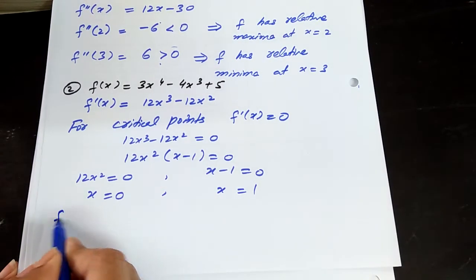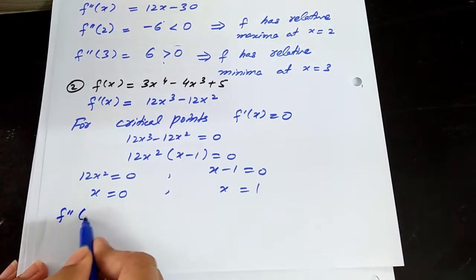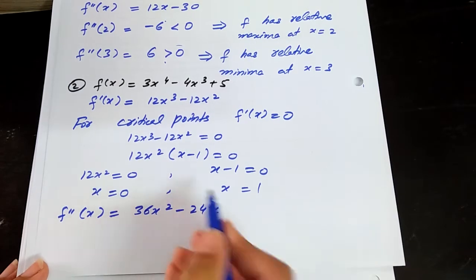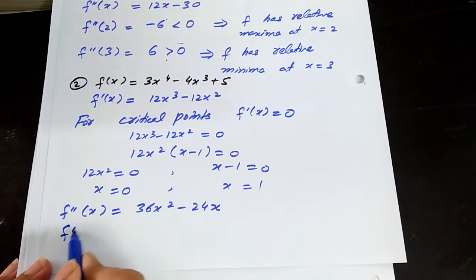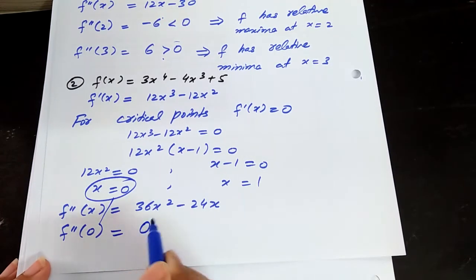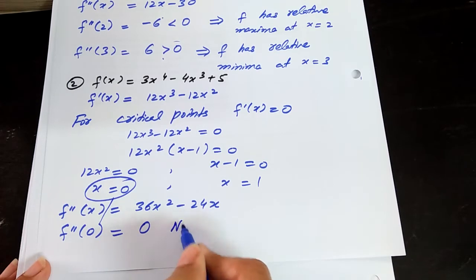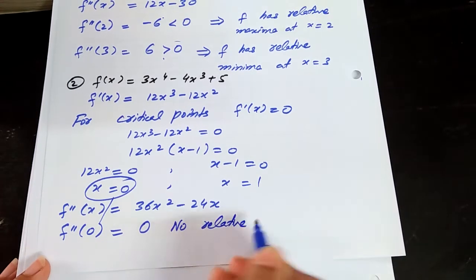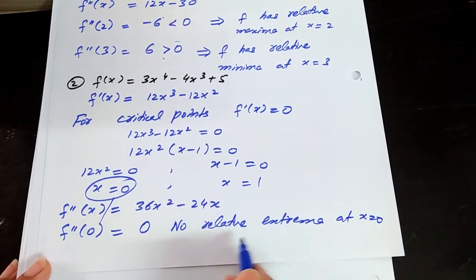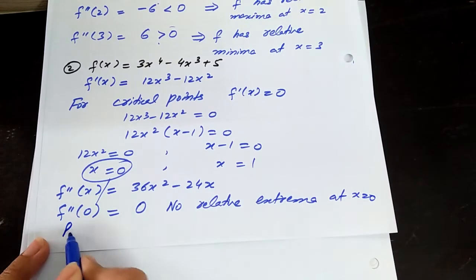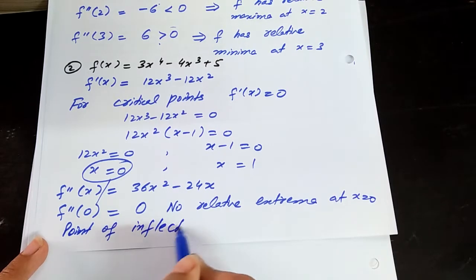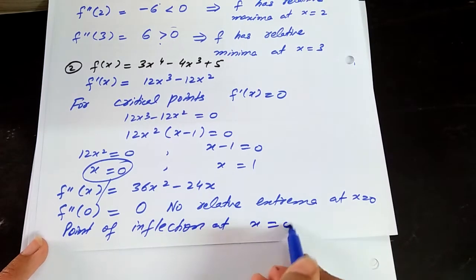Now find the second derivative from this first derivative. The second derivative will be 36x square minus 24x. Now use these points one by one in it. f double dash of 0, the first point, will be 0. So we have no relative extrema at x equals 0. We will say this is a point of inflection at x equals 0.